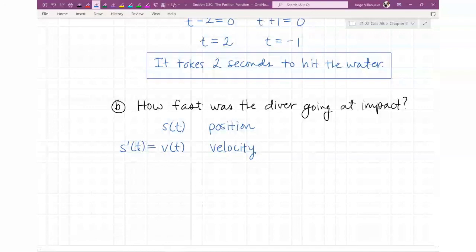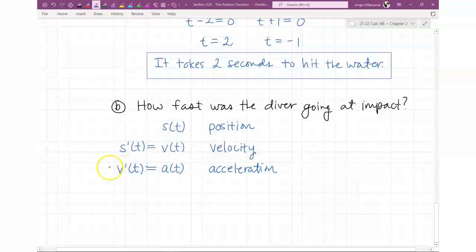A of t is acceleration. We find acceleration by taking a derivative of velocity, or two derivatives of position. So if you have position, take a derivative and then do it again, and you'll have acceleration. Or if you're given velocity and they want acceleration, just take the derivative once.